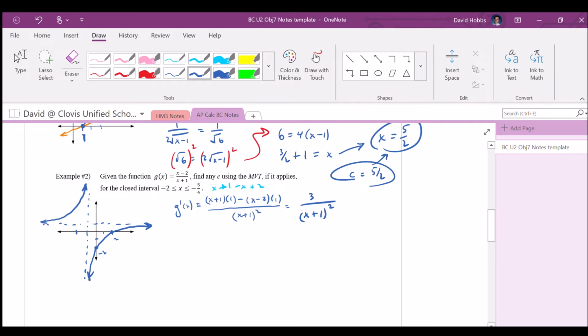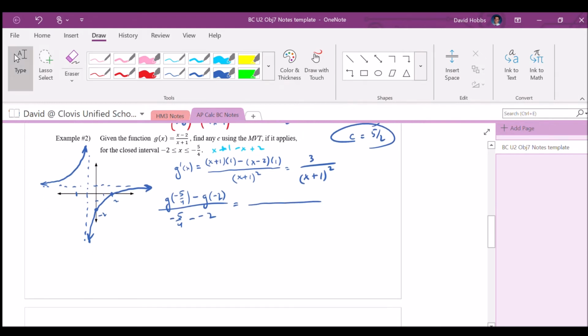We need to get the slope of our secant line, which is g of -5/4 minus g of -2, all over -5/4 minus -2.